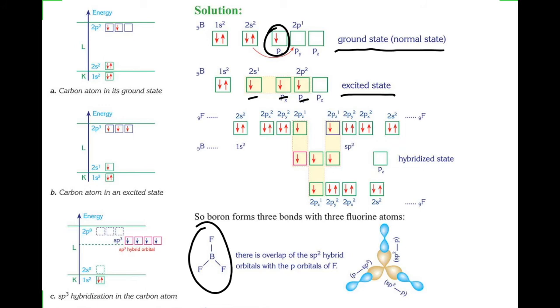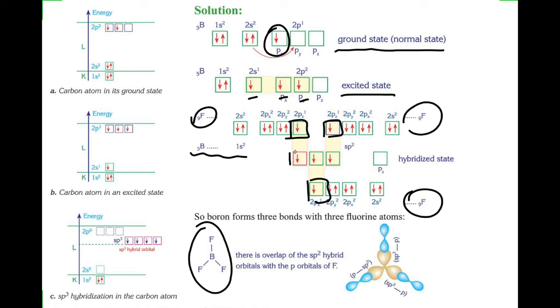So we can connect the boron with three fluorine atoms, because the valency of fluorine is just one, but the valency of boron is 3. Boron has 3 valence electrons, and in the hybridized state, boron is able to make 3 covalent bonds, and it is sp2 hybridization.